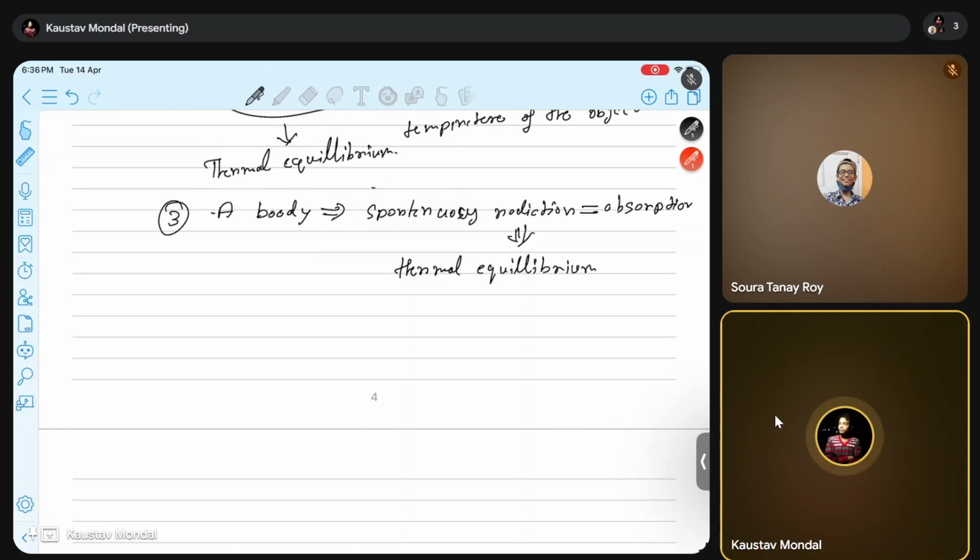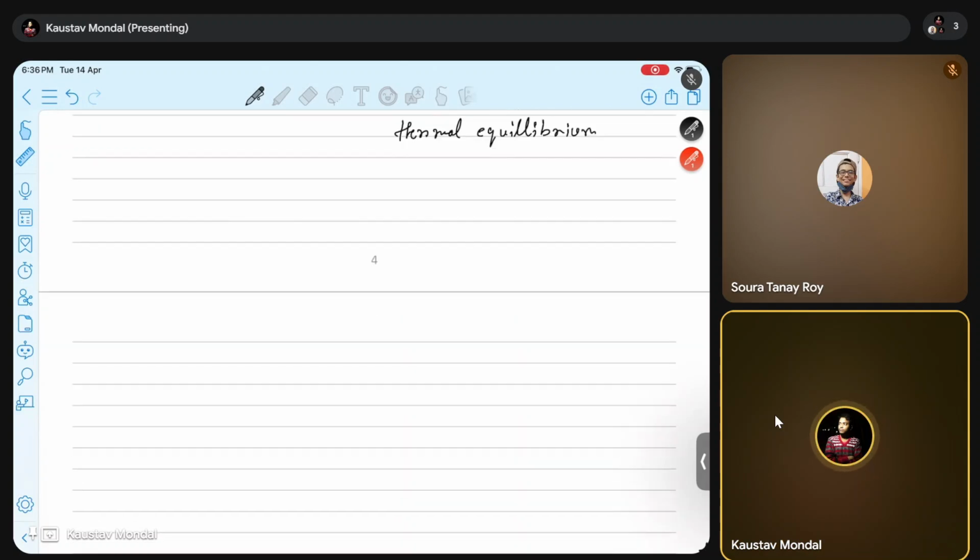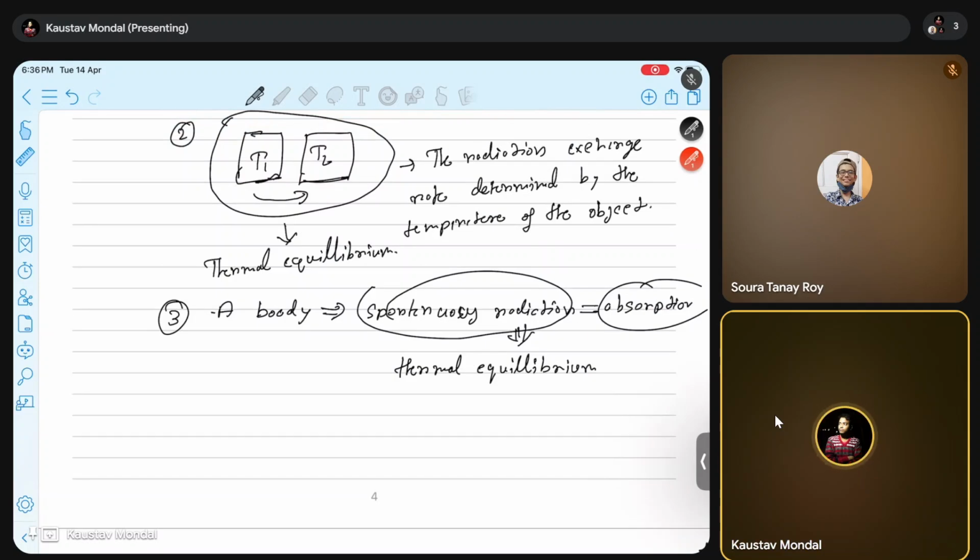Basically, the radiation rate and the absorption rate should be equal in order to achieve thermal equilibrium.